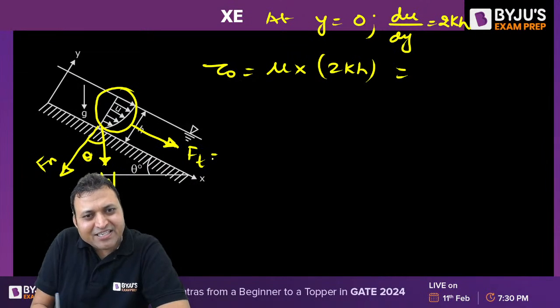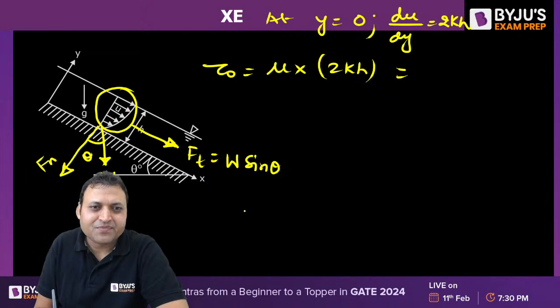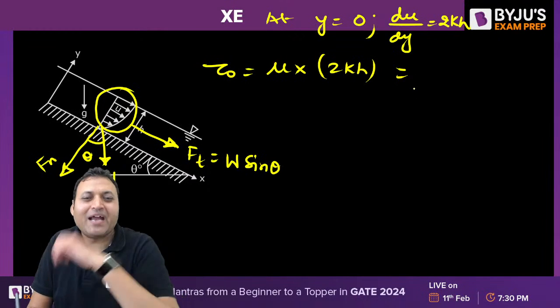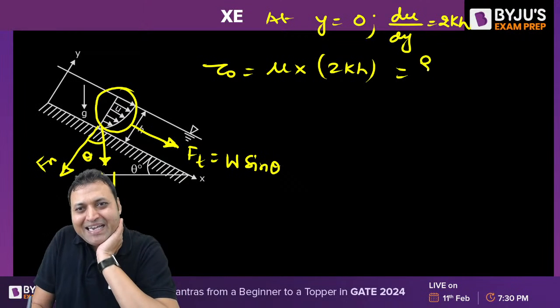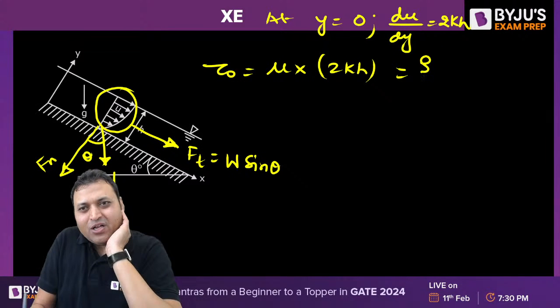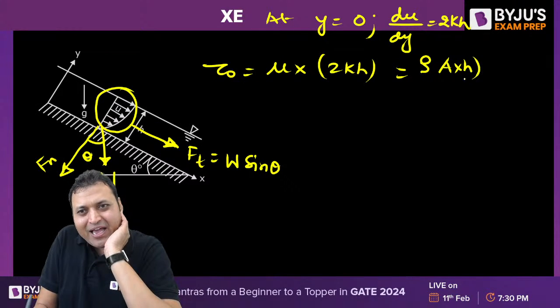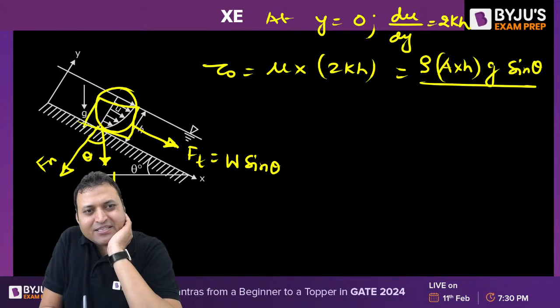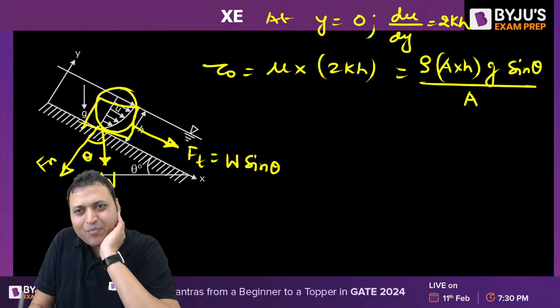This is the tangential or shear force, that is W sin theta, isn't it? So W, what is W? That is weight, m into g. So we can say density into volume. What is the volume of the fluid? We can write it as A into H, into g into sine theta upon area.